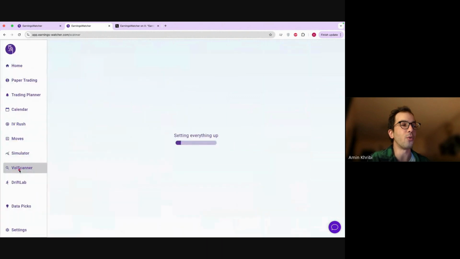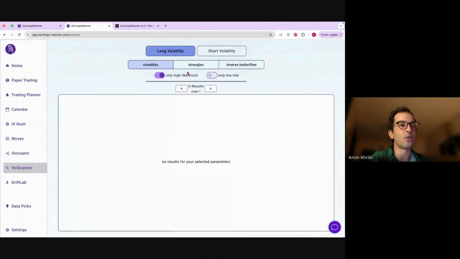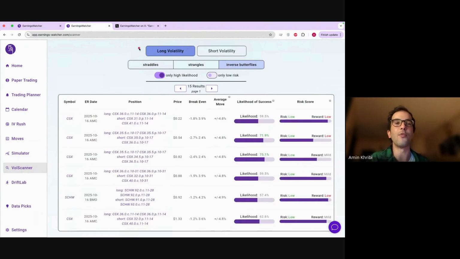Another way is to use the volatility scanner. Basically, this is a tool that looks for these different positions, as you see, for long or short volatility, so straddles, strangles, inverse butterflies in the case of long volatility, and scans them through all upcoming earnings of the week.